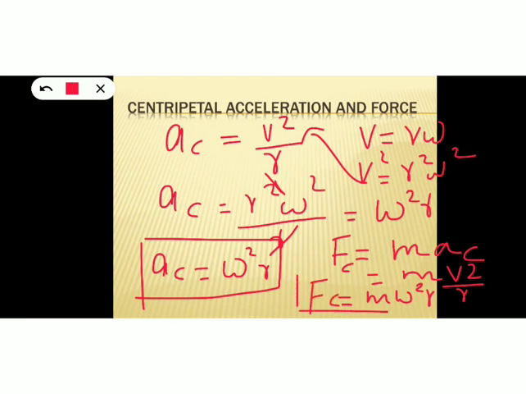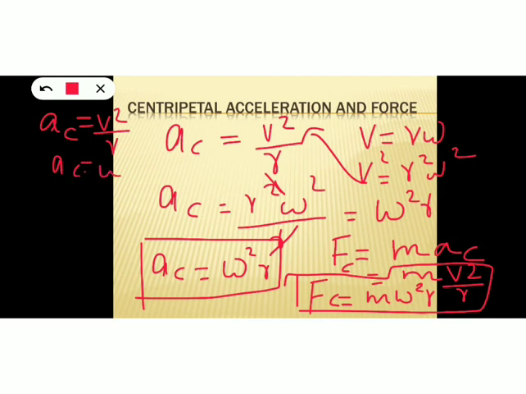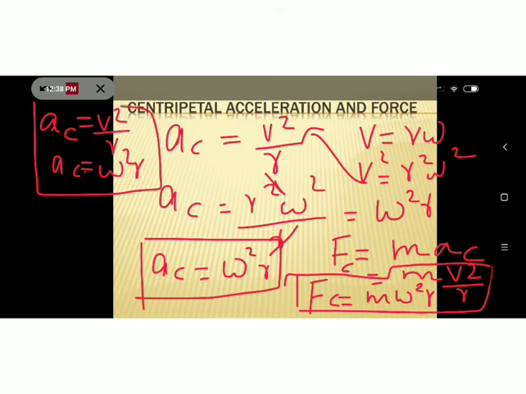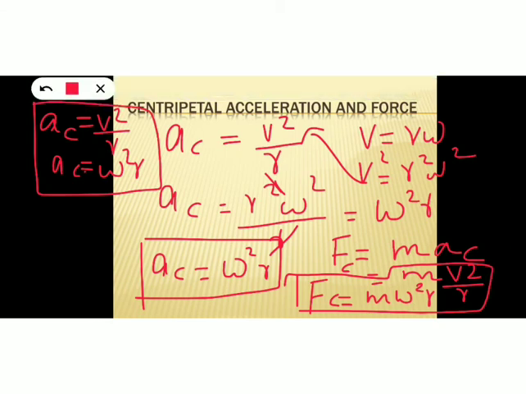One is m omega square r and another one is m v square by r. So we have two expressions for centripetal acceleration. One is v square by r and another is omega square r. So you must remember these expressions for centripetal acceleration and centripetal force. Both of them act towards the center of the circle.